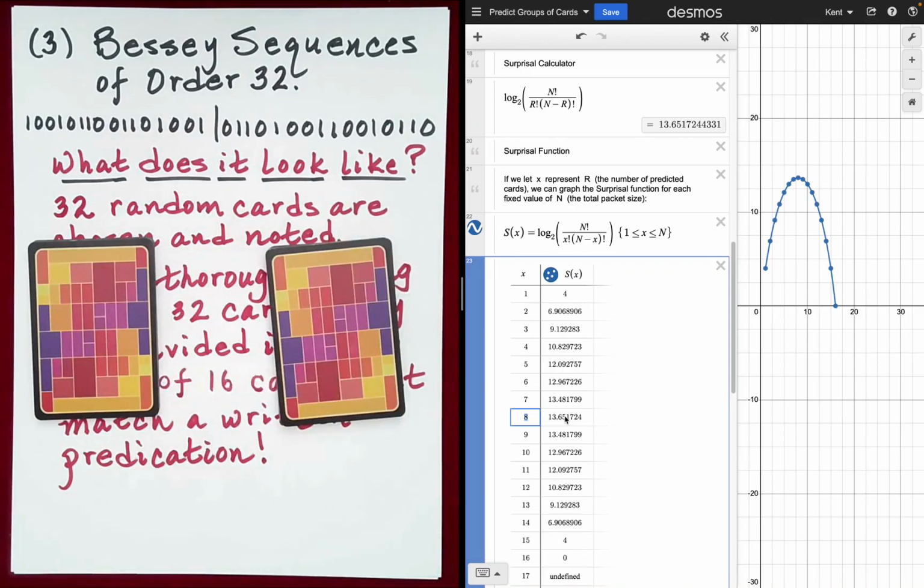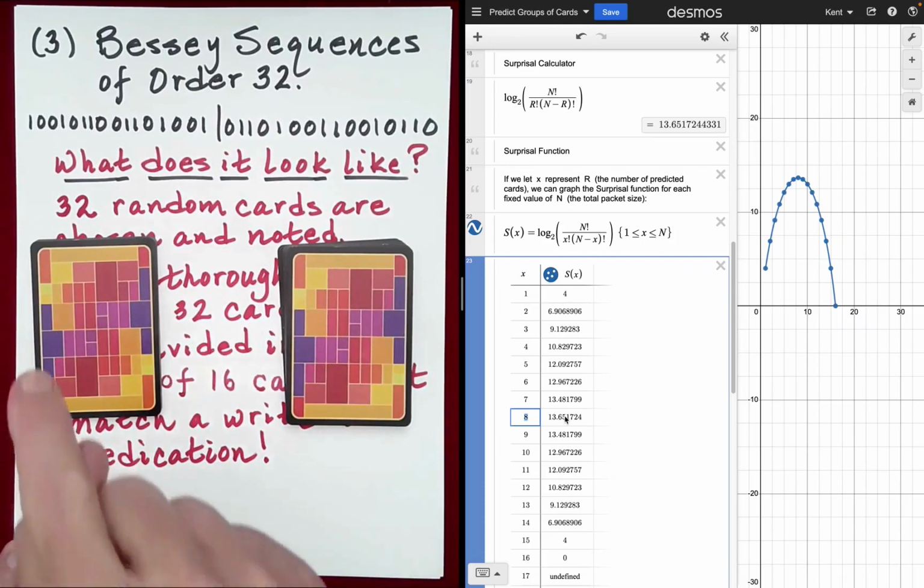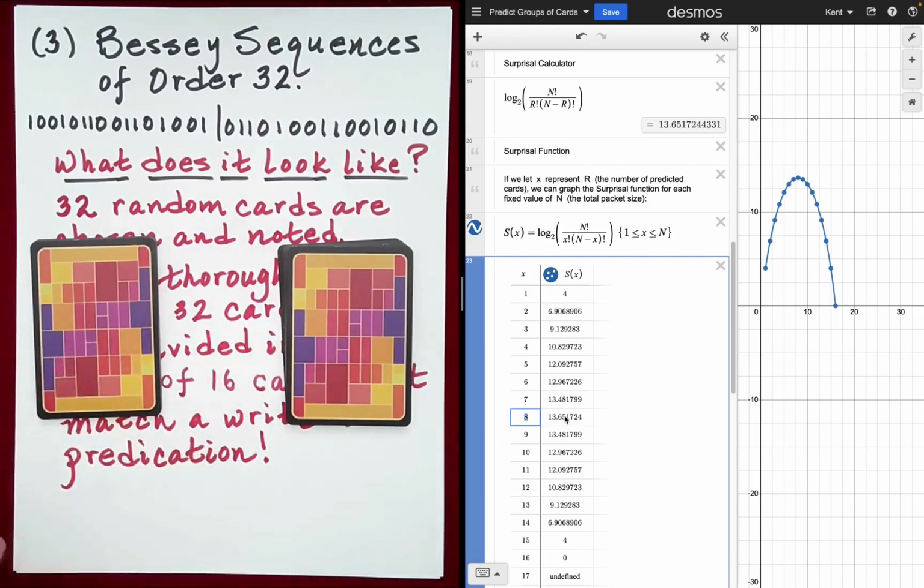And then you bring out your, quote, written prediction and show that the identities of the cards in each pile match the two groupings that you've listed on your piece of paper. Absolutely amazing.